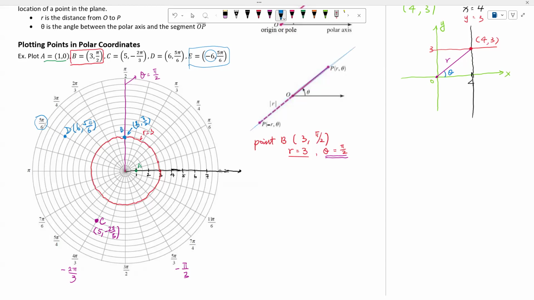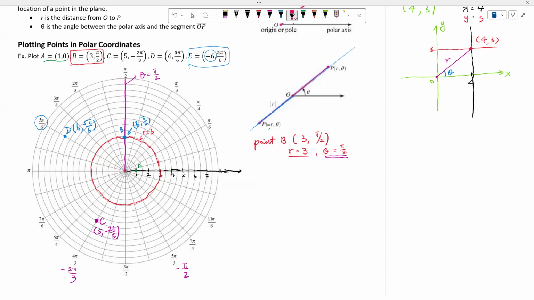Then we extend it to the other side of the origin, and then we count the distance R. Then this point right here will be negative R, theta, okay? So again, if this is R, theta, then we extend the angle to the other side of the origin, and counting the distance R, this point right here will be negative R, theta.